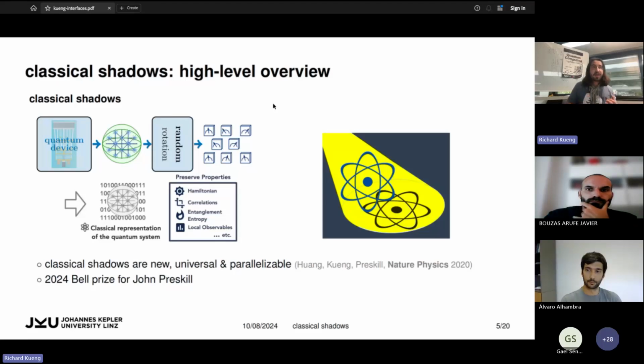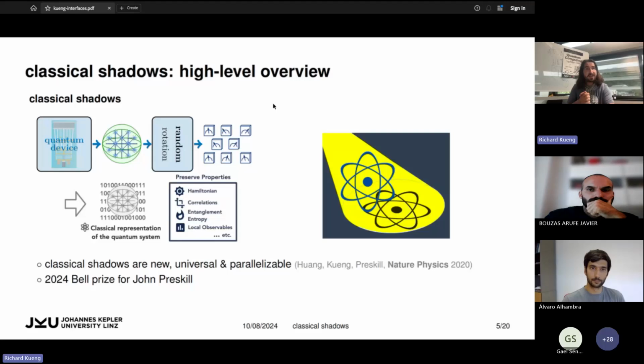This is a new way of approaching this problem. It is universal in the sense that you can approximate any observable, because in expectation we see everything, and it is also parallelizable. If I'm interested in 100 different observables, I can use these random rotations and shots to generate data, and then approximate all the 100 observables in parallel. And this opens the door for a lot of computational advantages when it comes to the classical data processing side.